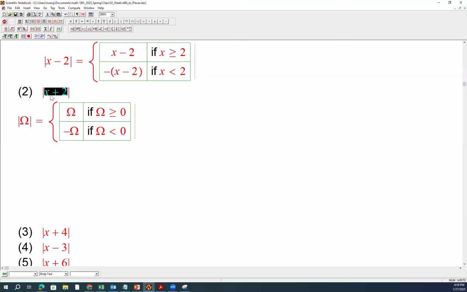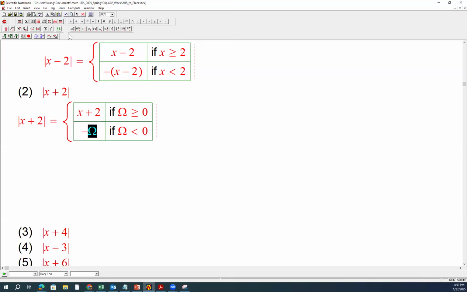So now x plus 2 is going to substitute omega. But don't forget the parentheses here. We need parentheses. Okay? So omega will be substituted by x plus 2.